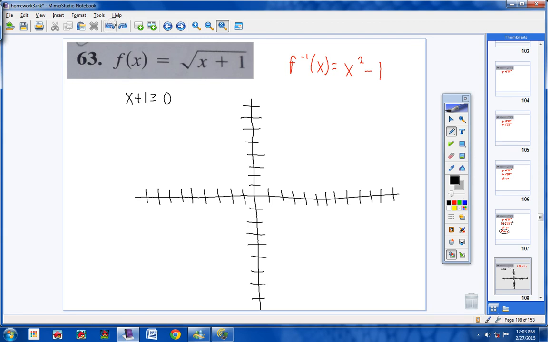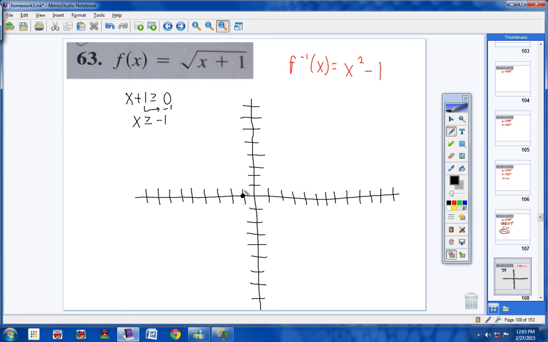So I'm going to see what x can be real quick. X has to be greater than or equal to -1. So I'm going to put -1 in for x, and I get out a 0. If I put a 0 in for x, I'll get a 1.